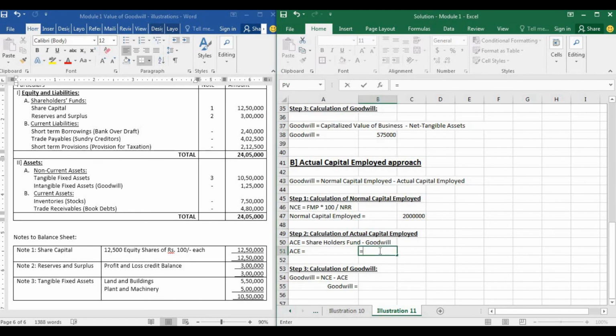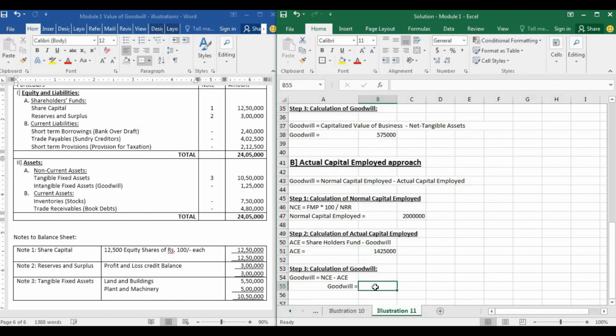So we don't have sub points under those notes. We can directly take the amounts from the balance sheet. 12,50,000 plus 3 lakh minus the value of goodwill. Goodwill is valued at 1,25,000. Look at the balance sheet. With this, we get the actual capital employed at 14,25,000.